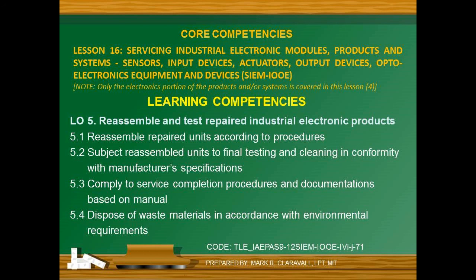Learning outcome number 5.3, comply to service completion procedures and documentations based on manual. Learning outcome number 5.4, dispose of waste materials in accordance with environmental requirements. Code TLE_IPAS 912 CMIY VGA 71.